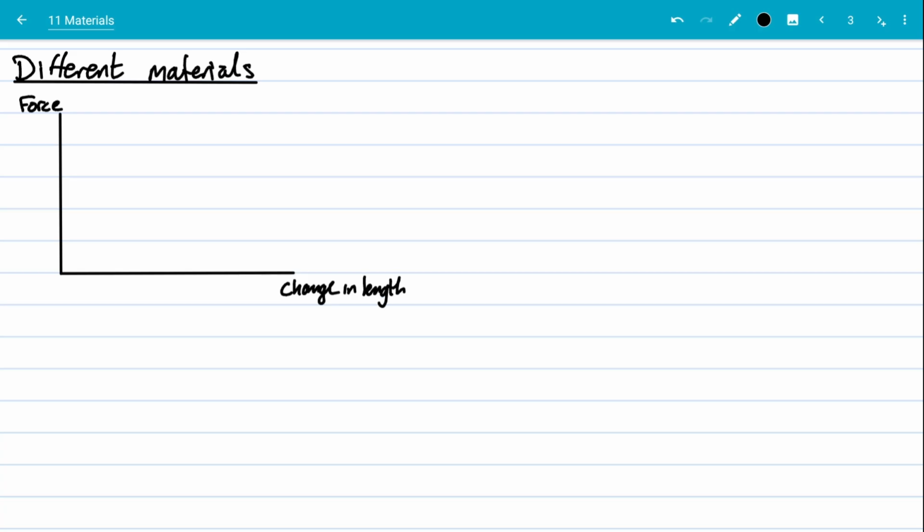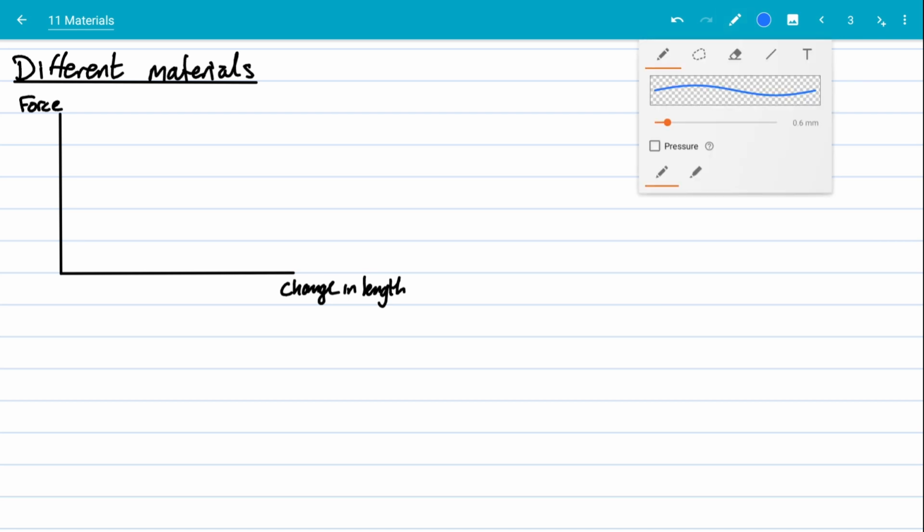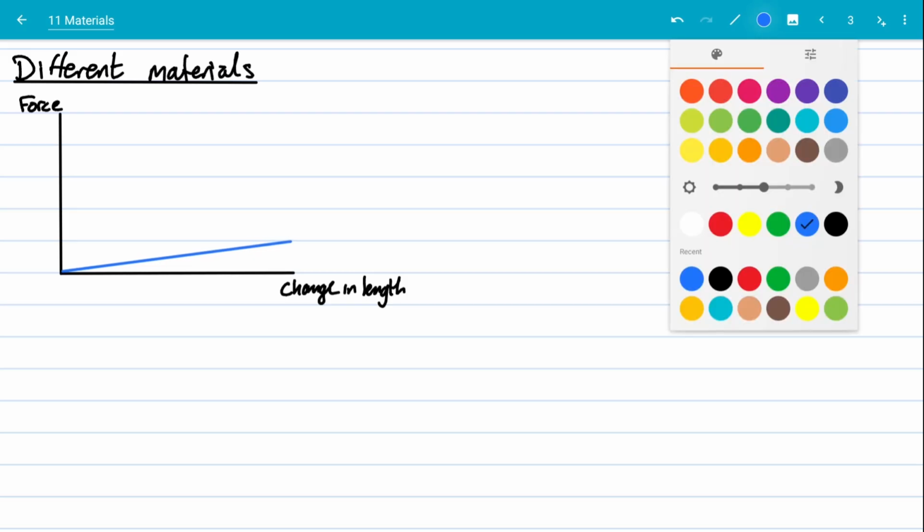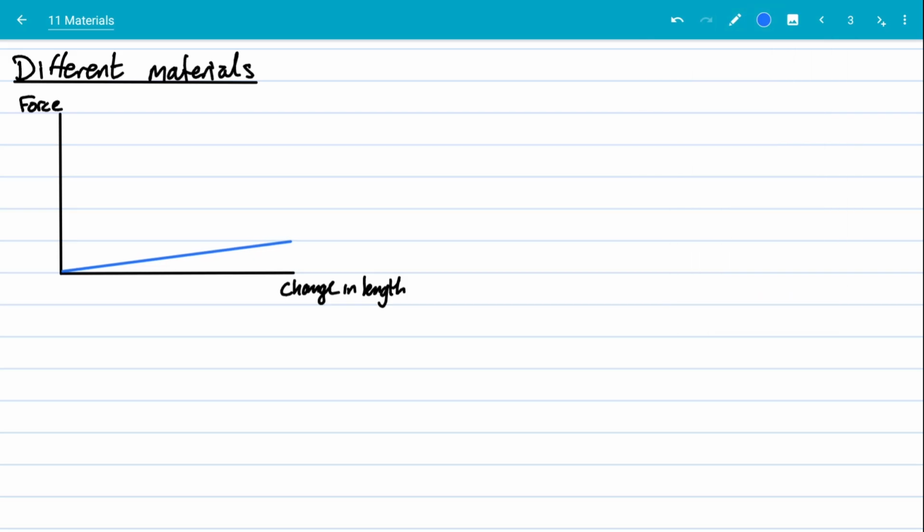of the object. Now, for a spring, we've already seen what that looks like. That is directly proportional, so it would be a straight line through the origin. That is our spring. In fact, I'm going to do it with a lower gradient, which means less stiff, a lower spring constant, less stiff, just so it's out of the way.